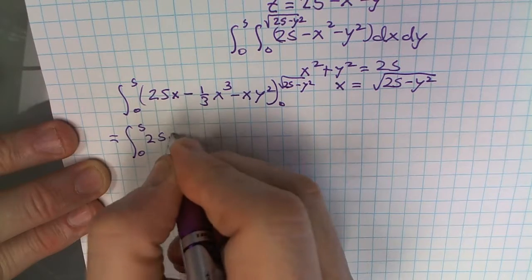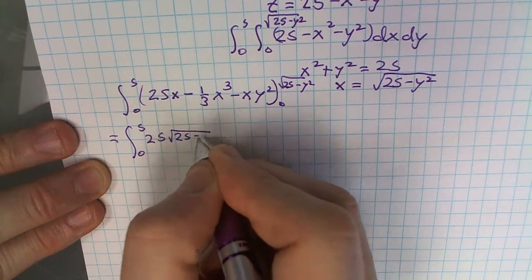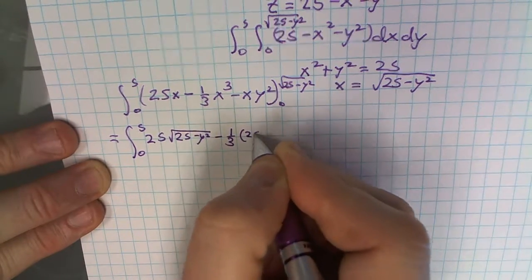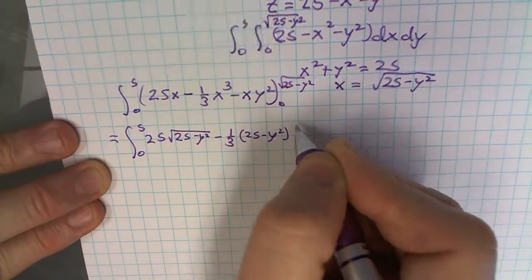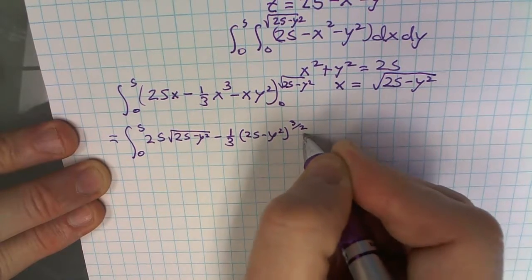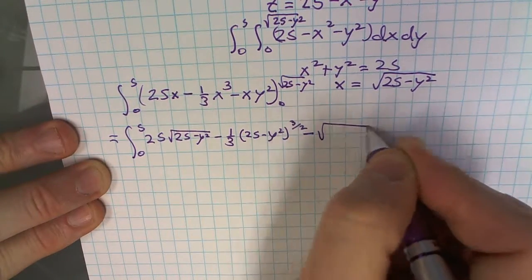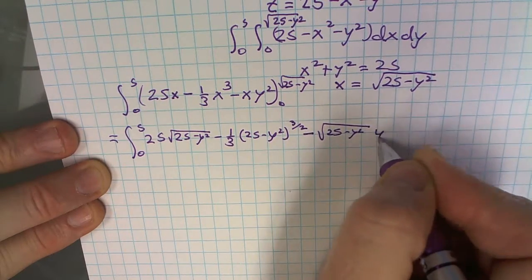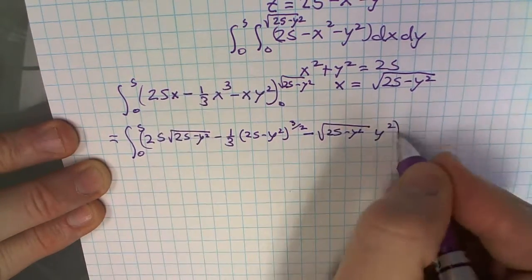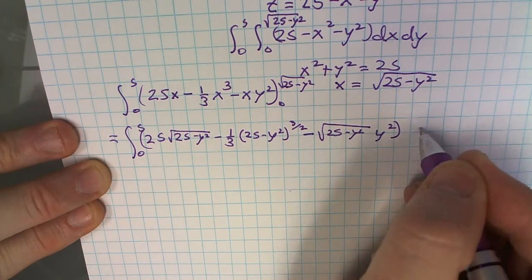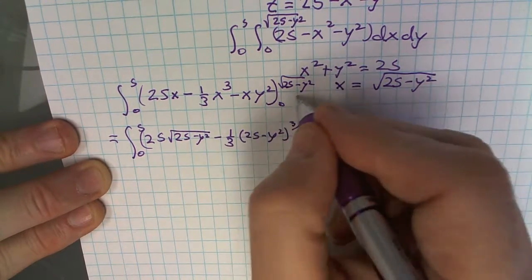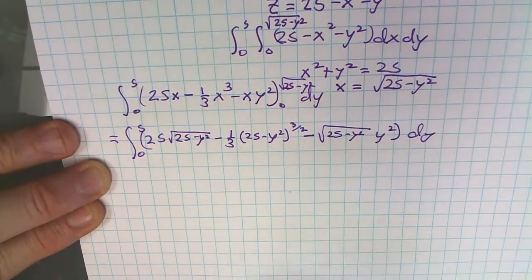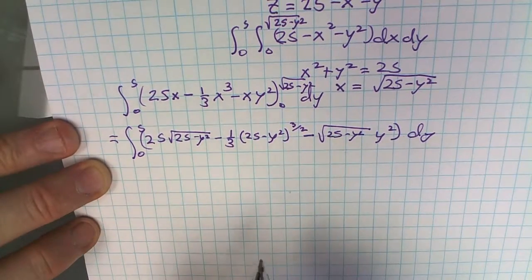I get 25 times the square root of 25 minus y squared, minus 1/3 times 25 minus y squared to the 3/2, minus 25 minus y squared times y squared. I forgot to put the dy over here. This is dy. Now I've got to integrate this with respect to y.